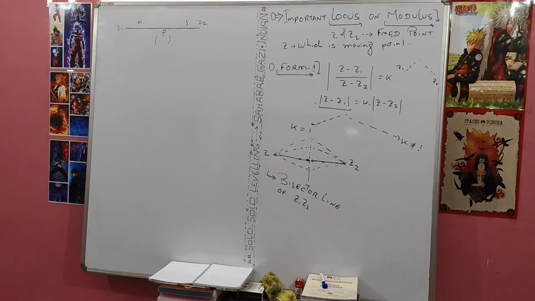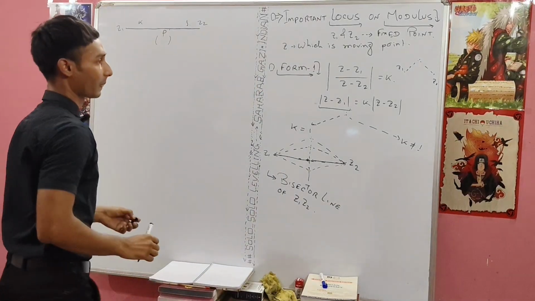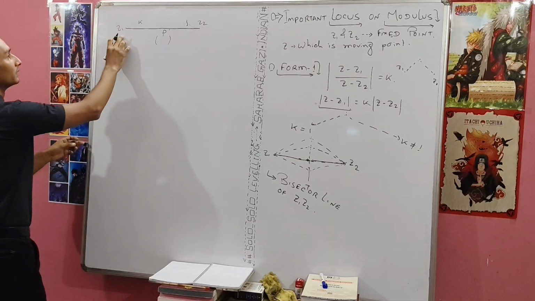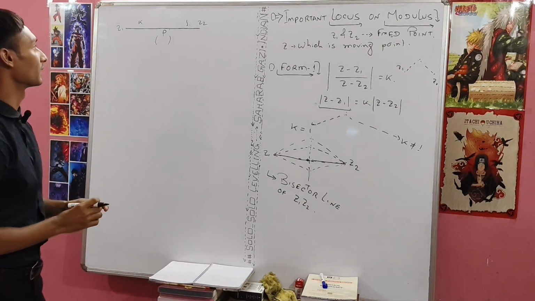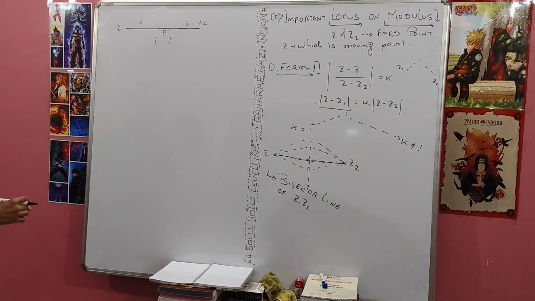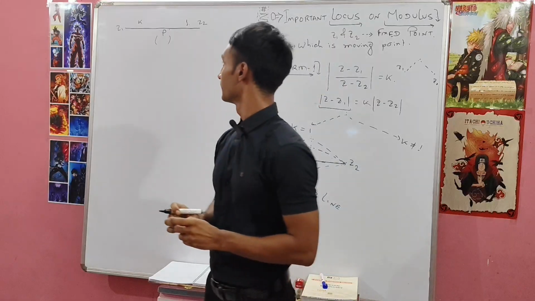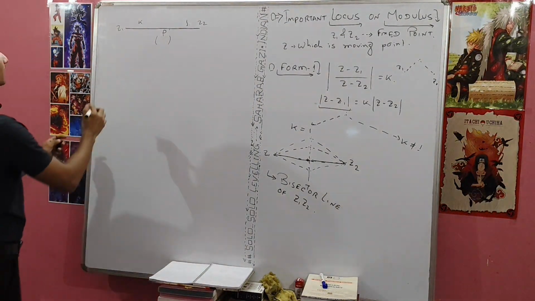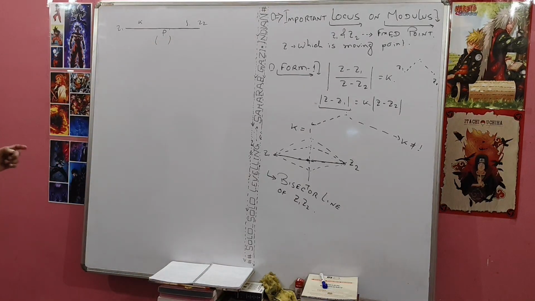Now when k is not equal to 1, the distance between z1 and z is equal to k times the distance between z and z2. So the line segment will be like this. Now from here you will get p as k z2 plus z1 by k plus 1.